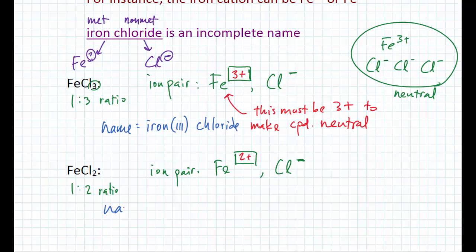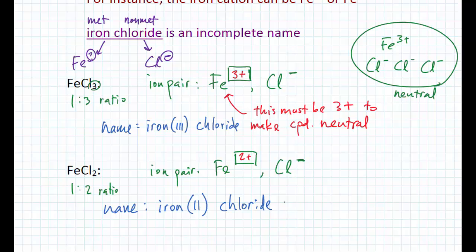The name of this one, iron Roman numeral 2 in parentheses, chloride. Because the name iron chloride alone isn't enough because we don't know which charge iron happens to have. But iron 3 chloride is the name for FeCl3. Iron 2 chloride is the name for FeCl2.